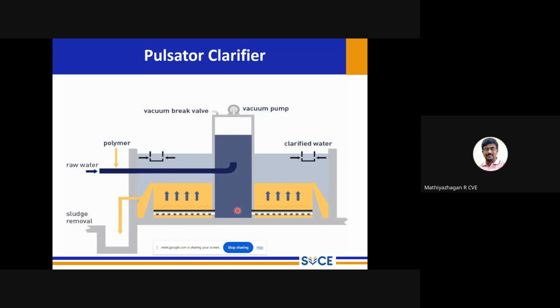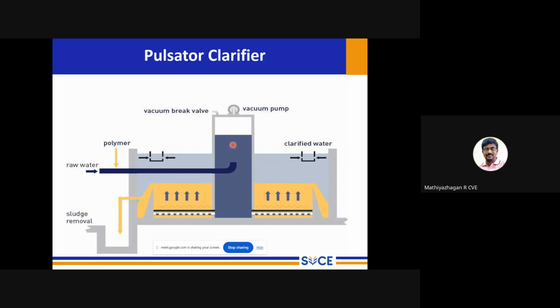Then it reaches the perforated pipe, which is the exit to the clarification location. It also contains the sludge bed. As I already said, during the coagulation process the microflocs are formed.